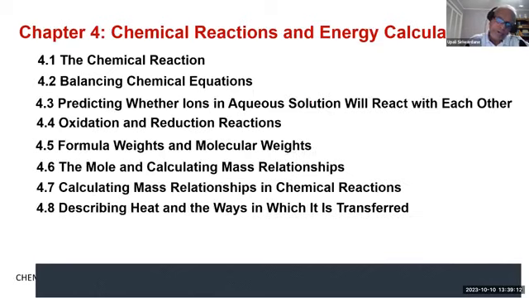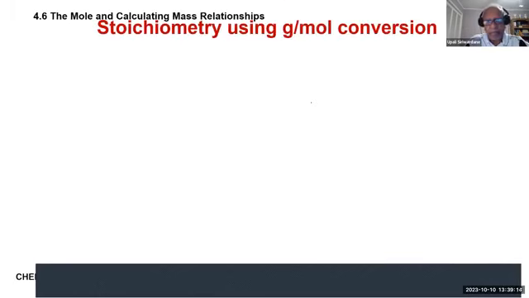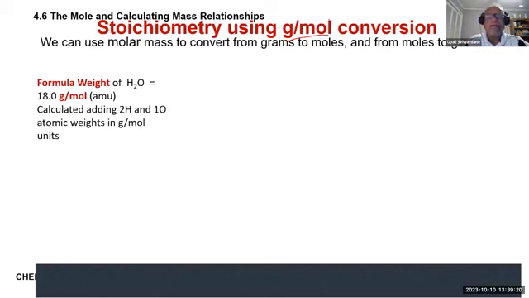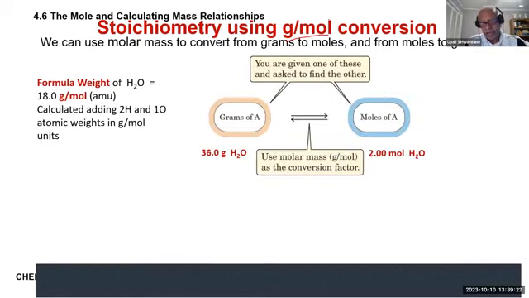Now we're going into stoichiometry using gram-mole conversions. How do you get the formula mass or molar mass? This formula weight is also called molar mass. The molar mass of water, or formula weight, is 18.